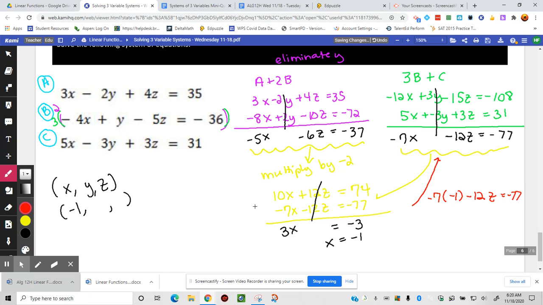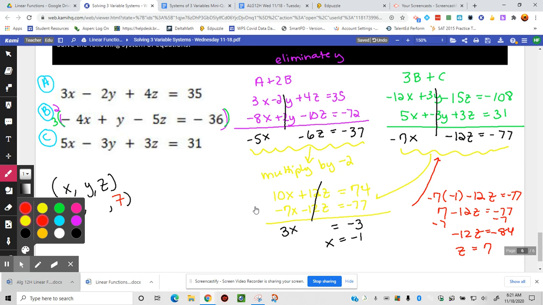Do you notice I make the z's like that? I do that so I don't get them confused with 2's. Just throwing that out there. Okay, so 7 minus 12z equals negative 77, or negative 12z equals negative 84, or z equals 7. Perfect.